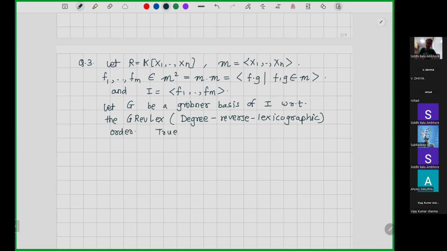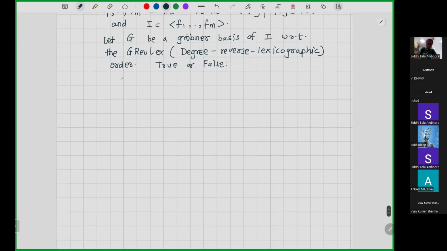Then we have to check whether true or false, and the statement is: for each G in the Gröbner basis, the degree of the initial term of G is greater than or equal to 2.